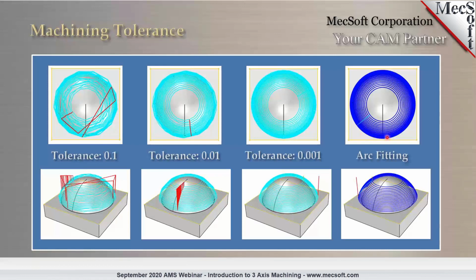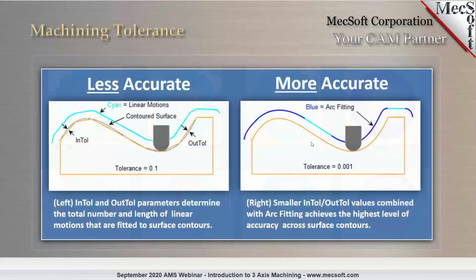And you can also fit arcs to the toolpaths by defining these arc fitting tolerances in the Advanced Cut Parameters tab. Here's also an effect of the tolerance. You can see the in tol and the out tol, setting the tolerance to a slacker value versus setting it to a tighter value. So it makes it more accurate, the tighter the tolerance.